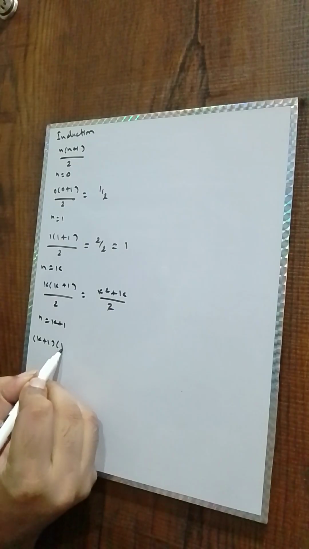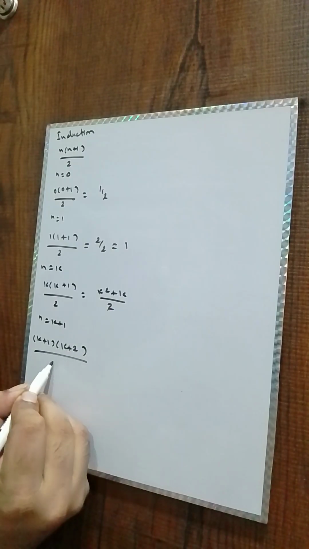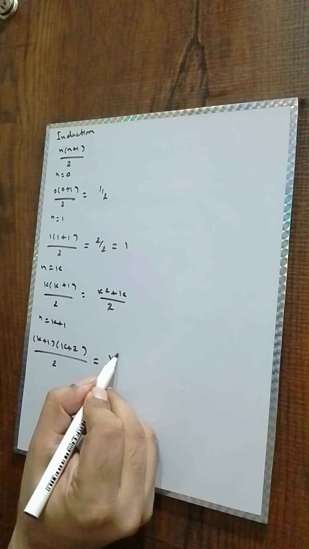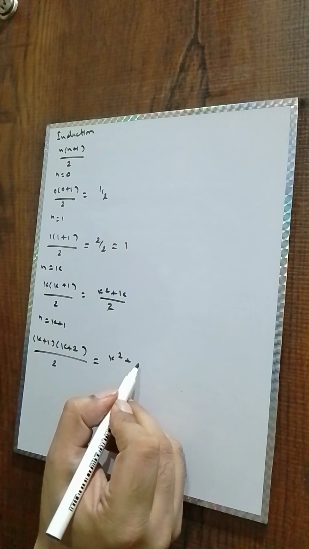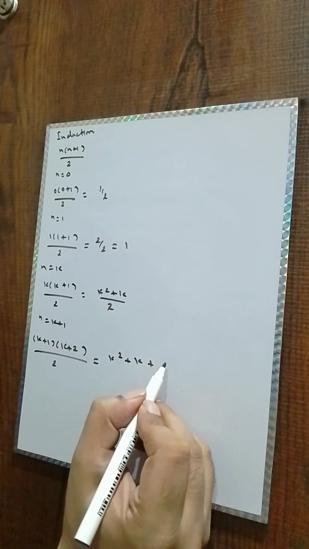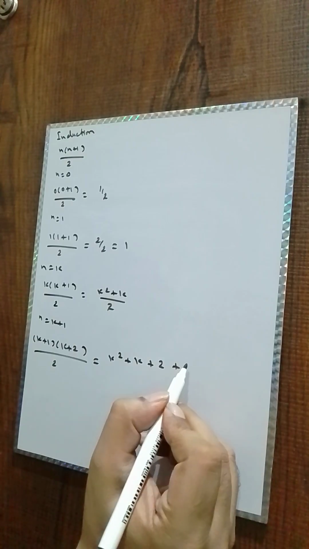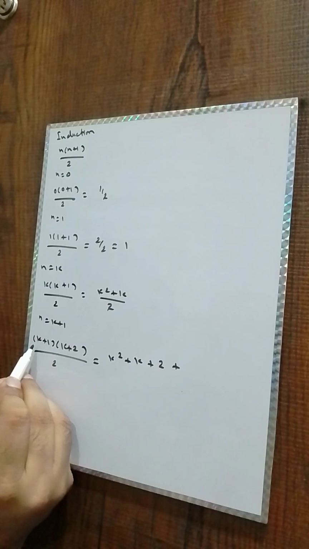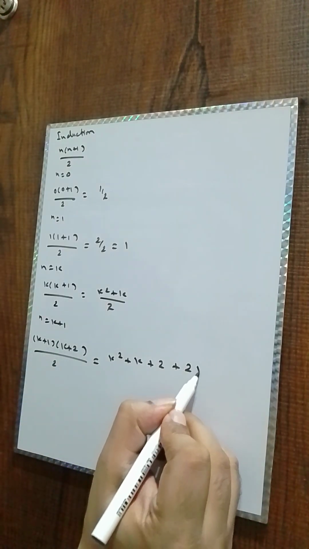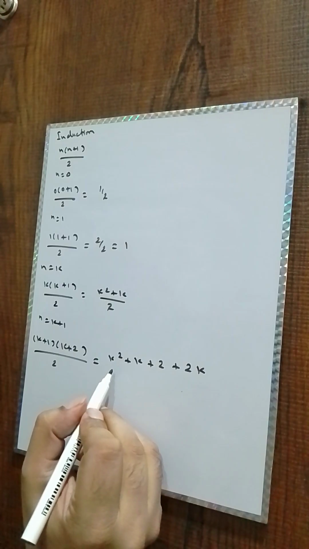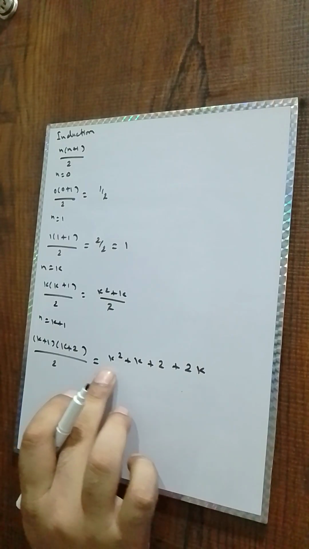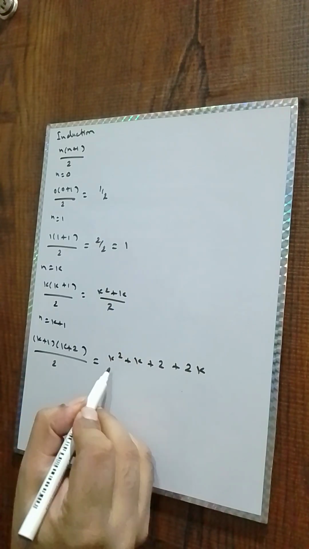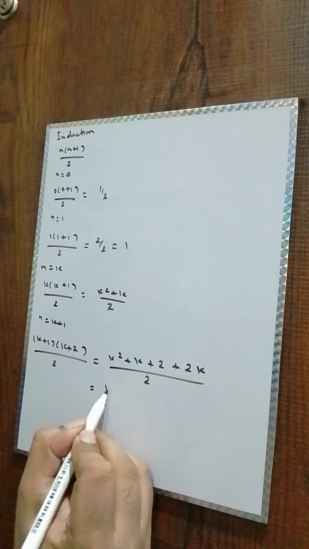So k plus 1 now gives k plus 1 into k plus 2 by 2, which is equal to k square plus k plus 2 plus 2k, so it gives us k square plus 3k plus 2, basically divided by 2.